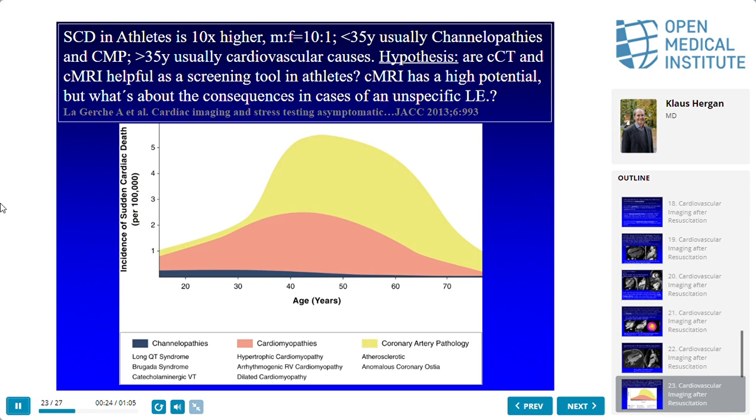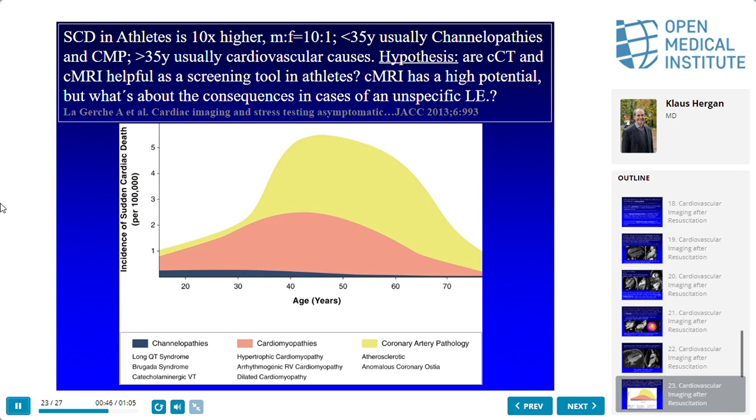And the interesting point is that in younger patients, channelopathies, that means arrhythmogenic disorders, and cardiomyopathies are responsible for the sudden cardiac death. And in older patients, older than 35 years of age, cardiovascular causes are the main causes for these problems.